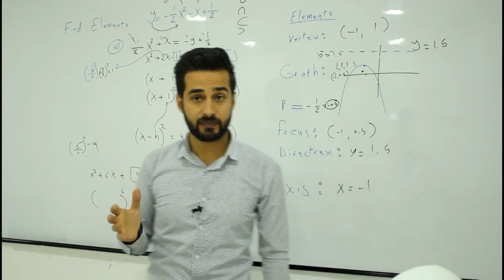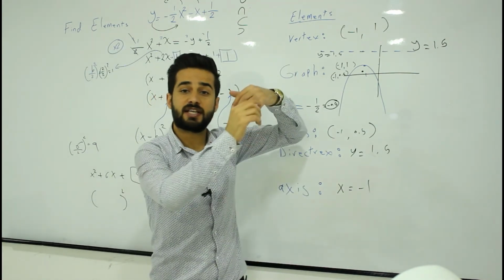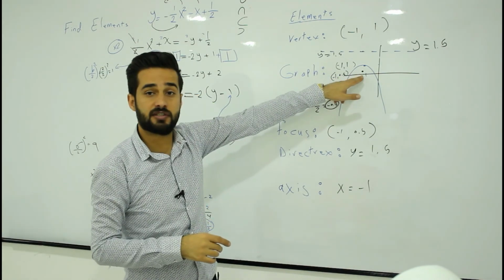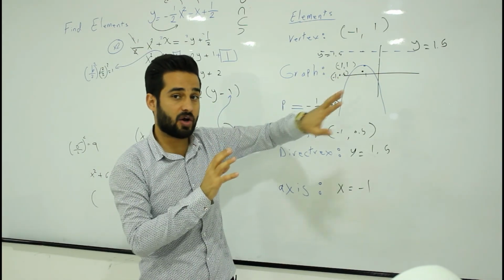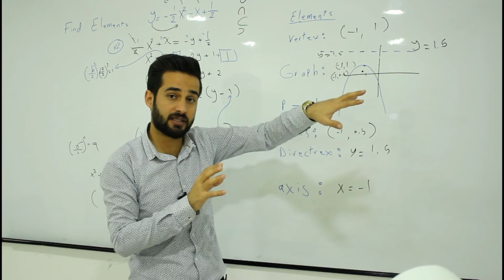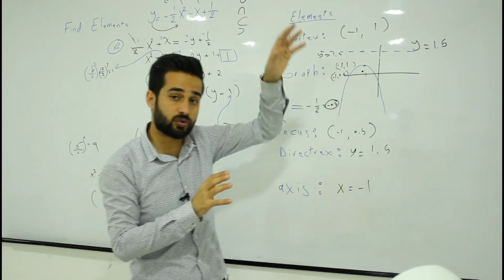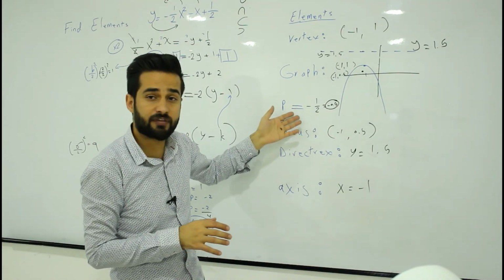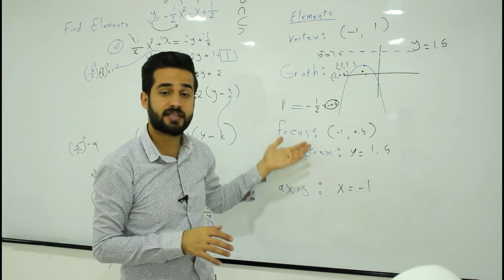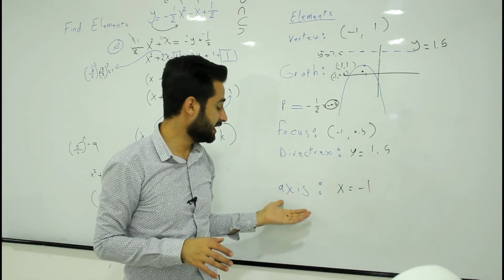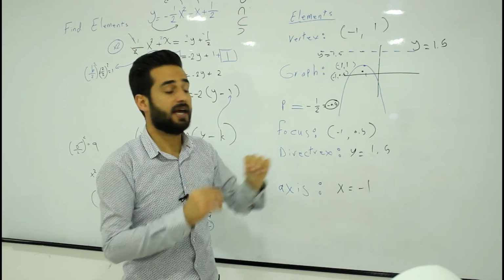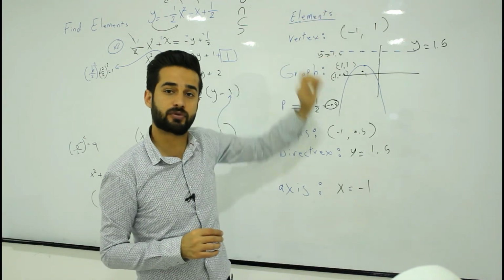After this, first find the vertex and then draw the graph and see which direction the parabola opens towards: right, up, down or left. And then if you have p, find p and the focus, directrix and axis, it will be easy. Only shift the point up or down.